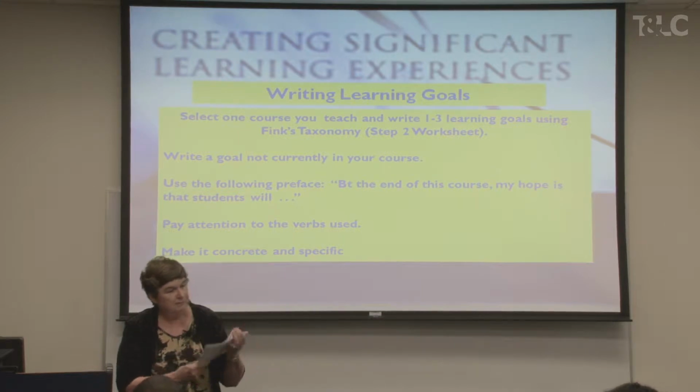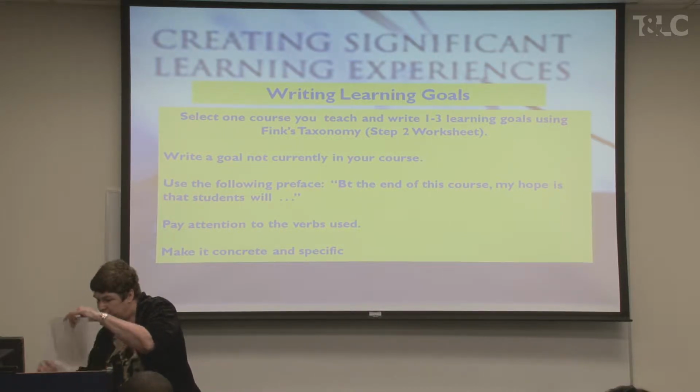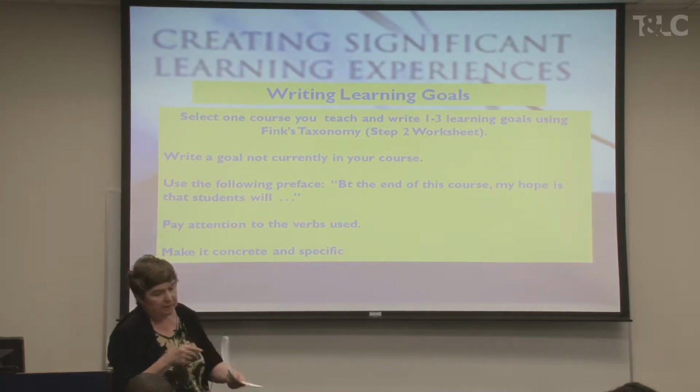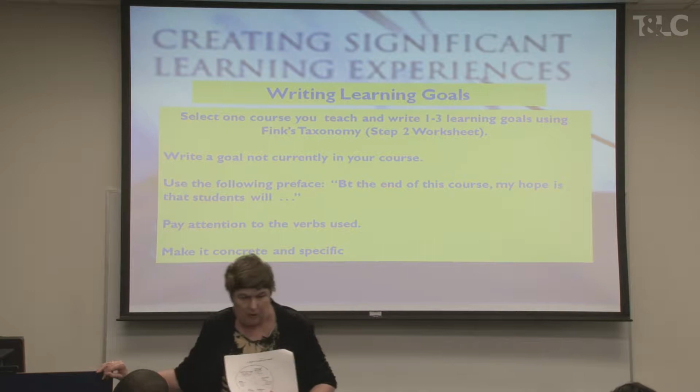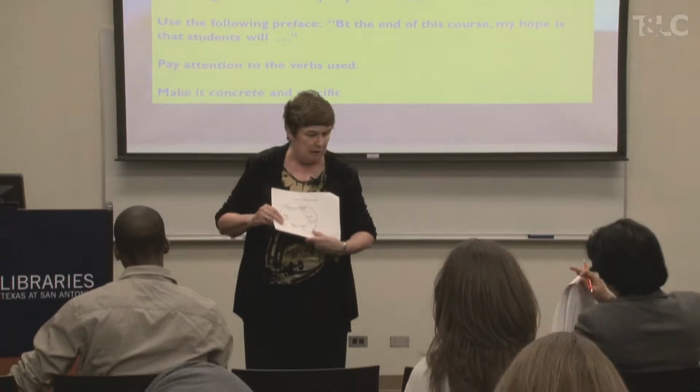Following that is Dee's taxonomy. I'm going to talk just a little bit about this. If you can turn to page 4 in the handout section, I think a lot of you have it.